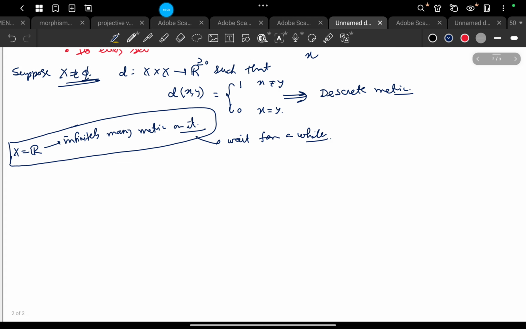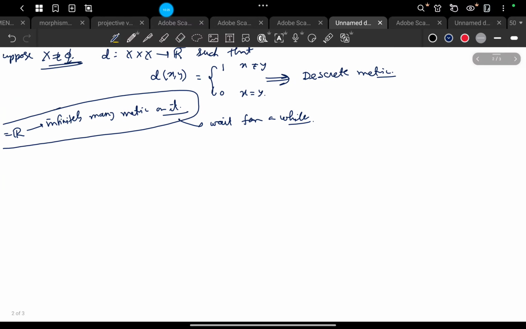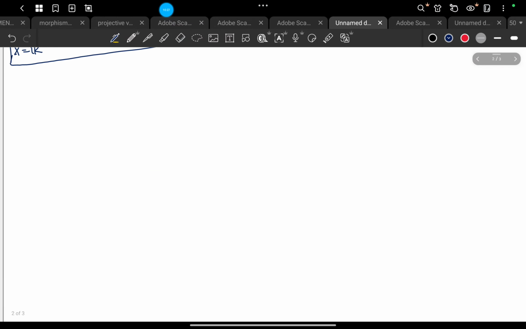Now let us give some examples of very beautiful metrics. As usual, suppose we have R^n where n is greater than or equal to 1.